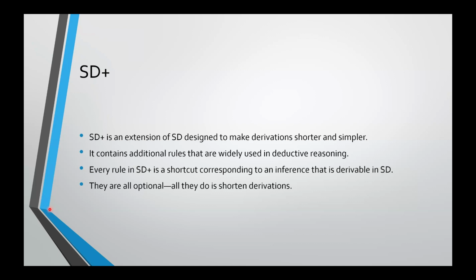SD plus is different. If you ignore a rule of SD plus, then there are derivations that will be longer, but you're still going to be able to complete them because you've got everything in SD available. And SD plus doesn't allow you to derive anything that you can't derive in SD. It just does it in a more efficient, shorter way.